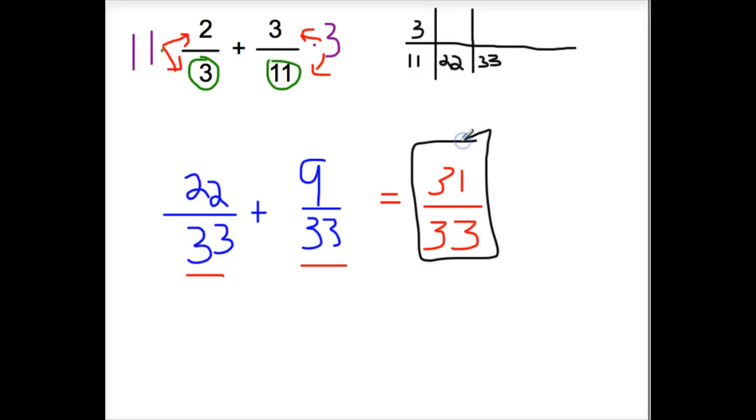So this time I found the lowest common multiple of 11 and 3 by finding the multiples of 3 and 11, which I did 11 first and I knew 3 went into 33. And then I multiplied my fractions to keep them equivalent but with the same denominator. And now I have 31 over 33.